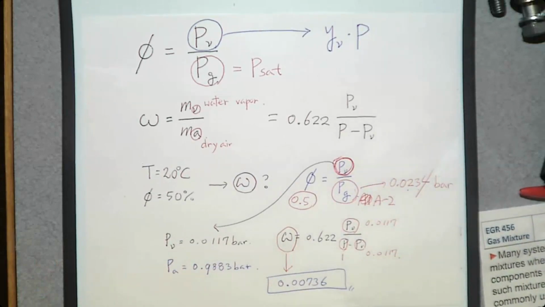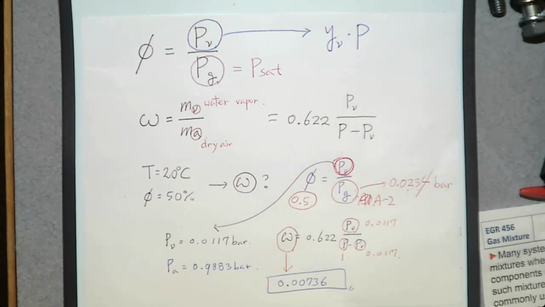What is the unit of this humidity ratio? None. There is no unit. It is mass divided by mass, kilogram divided by kilogram. So the humidity ratio omega has no unit.